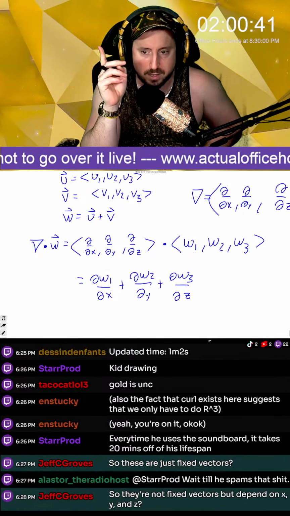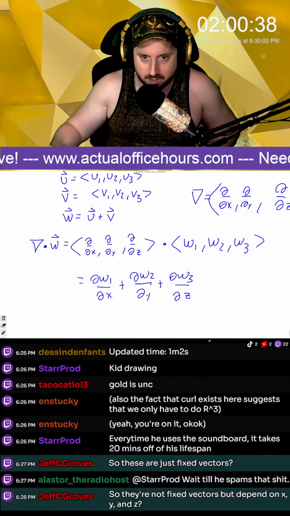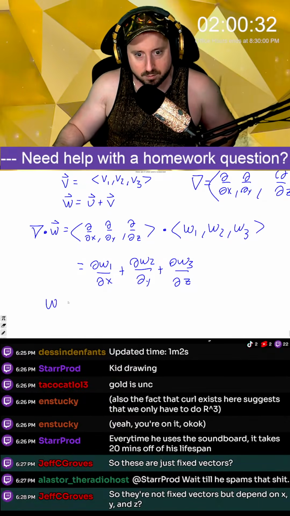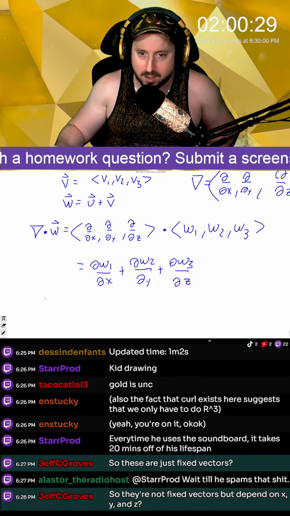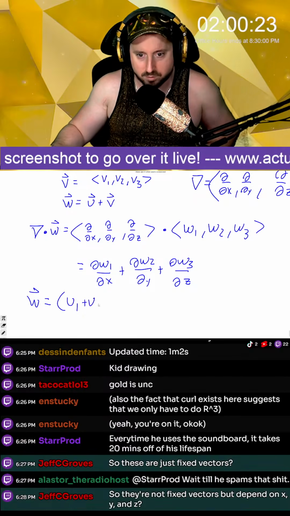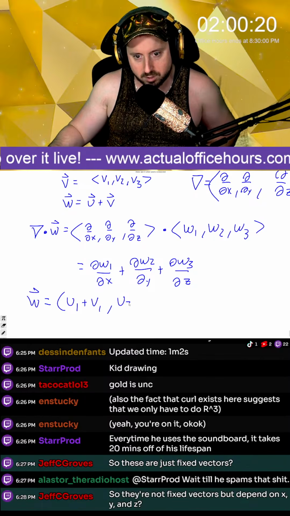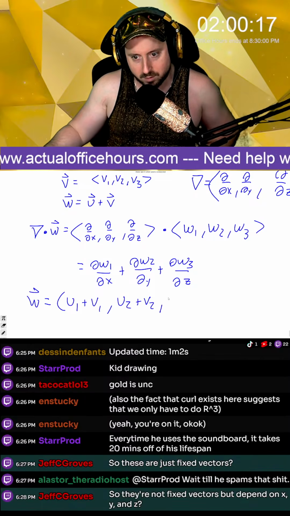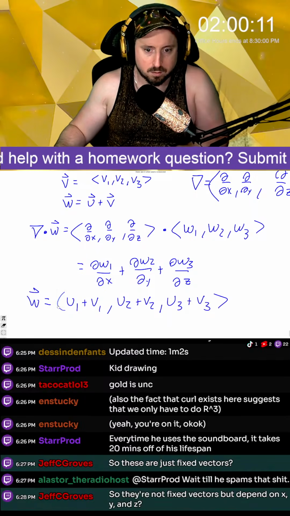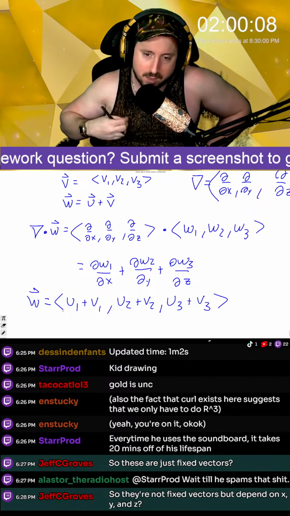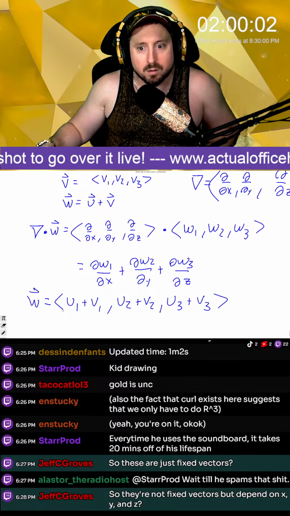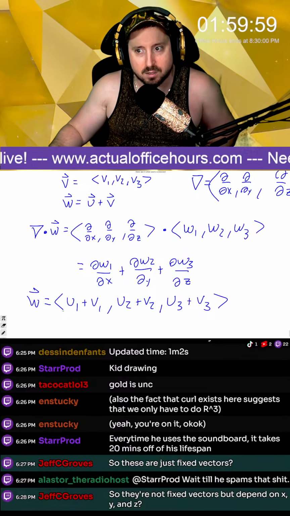And now let's assume that w is equal to u plus v. Then w is the same as u1 plus v1, comma, u2 plus v2, and then u3 plus v3. But they depend on x, y, and z.